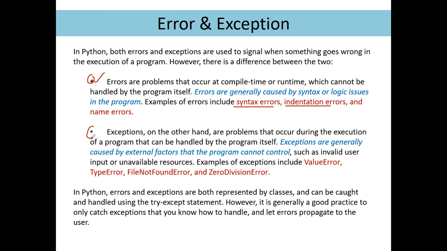In Python, exceptions are some problems during the runtime of the program. Exceptions are generally caused by external factors that the program cannot control. Suppose you are going to input some value from the user.